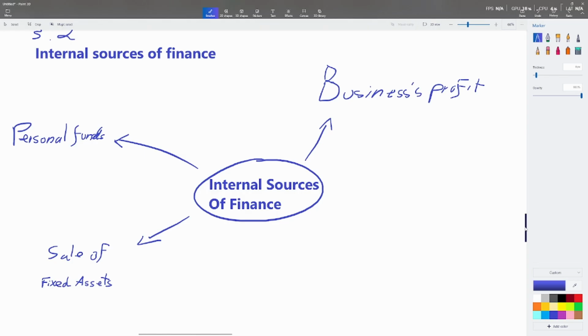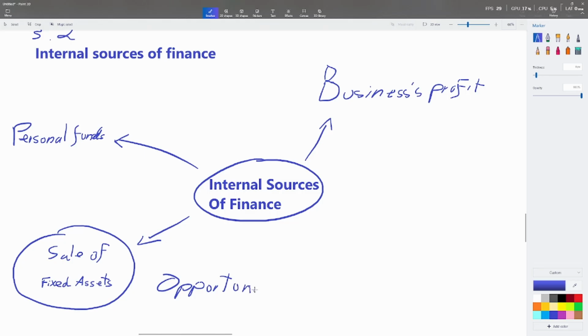What this means is that you always have to think whether, for example with the sale of fixed assets, it could have been better to use the asset to generate more money, or whether it was best to sell it. Opportunity cost also applies to personal funds, because personal funds can be used in many ways, so you have to understand if you used it in the right way.